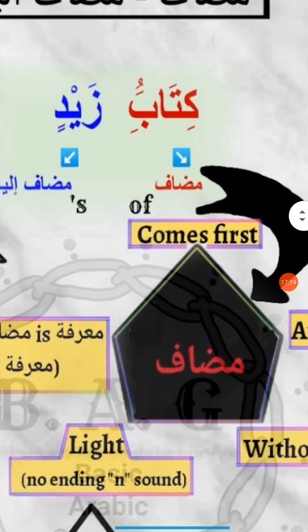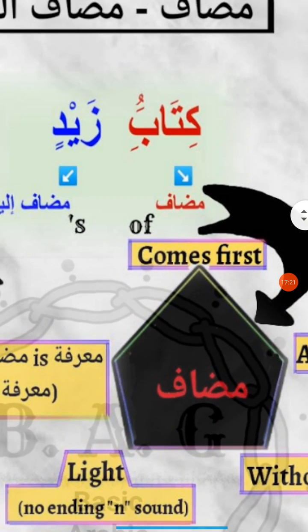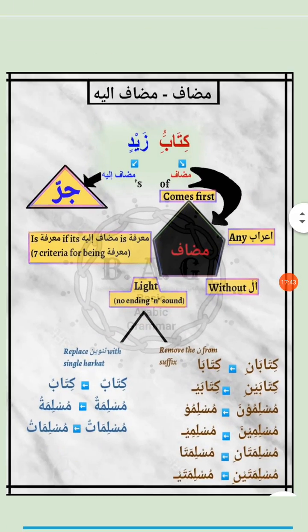For example, instead of kitabu zaidin, I could say kitabu abi zaidin. The word abi is going to be the musaf ilayh for kitabu, and the word abi is also going to be a musaf for the word zaidin, which is going to be its musaf ilayh. So these were your complex musaf and musaf ilayhs.